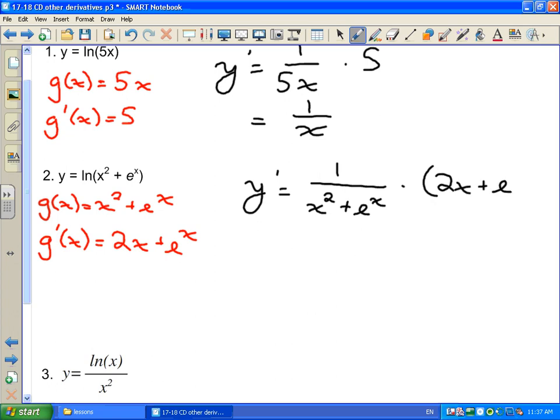And I make sure I put that in brackets so that I remember to multiply by the whole thing. And there's my derivative. I would probably clean this up a bit by just writing it as a single fraction here: 2x plus e to the x over x squared plus e to the x.